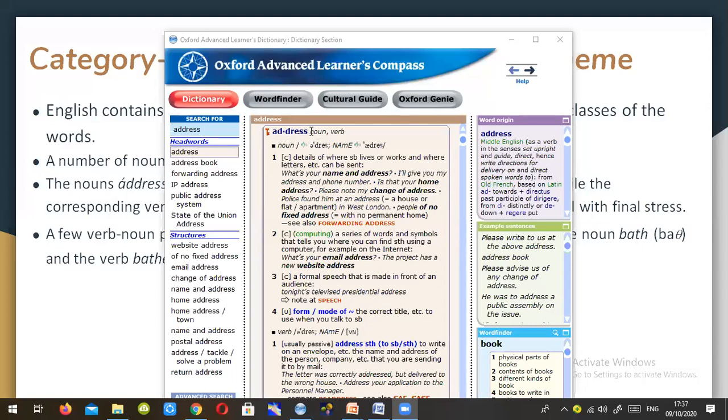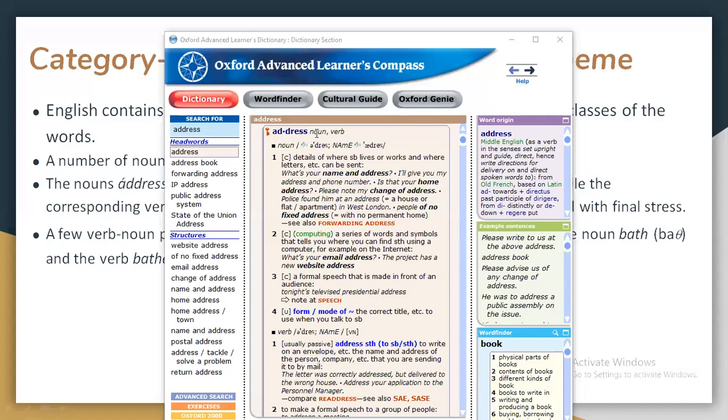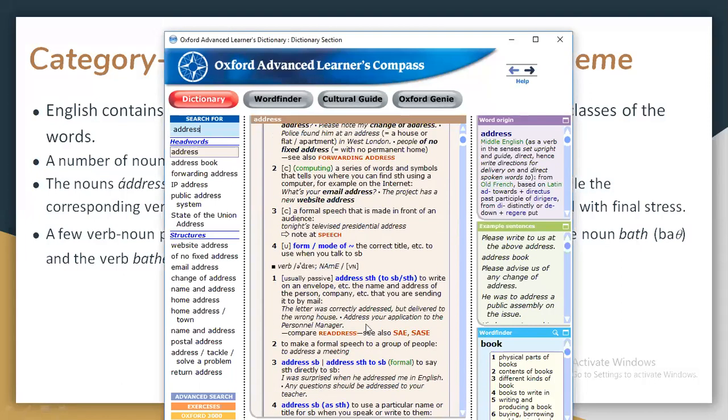Now, generally, if you have an idea of pronunciation, in case of a noun, stress falls on the first syllable, and in case of a verb, you can see the stress falls on the second syllable. See the pronunciation.